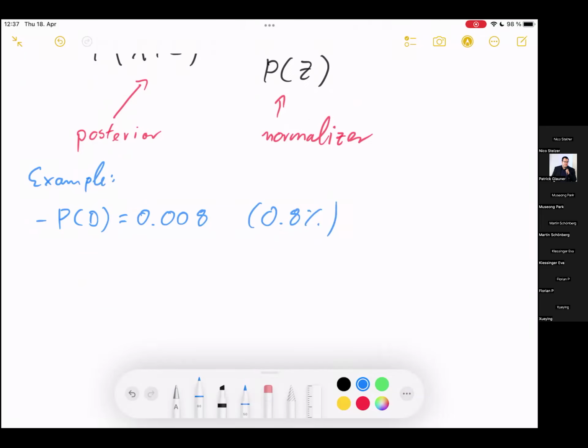Then we said we have a correct positive of 98%. Correct positive means I have a positive result given I have the disease. So D stands for the disease and plus for a positive test. And this is 0.98, so it's 98% correct positive.